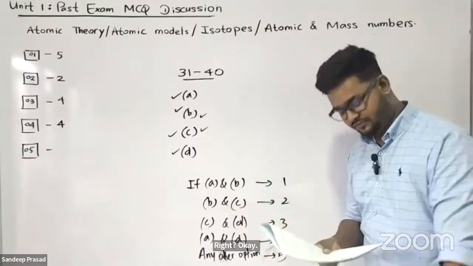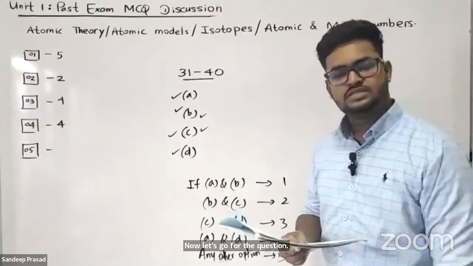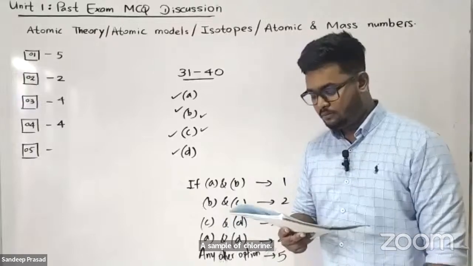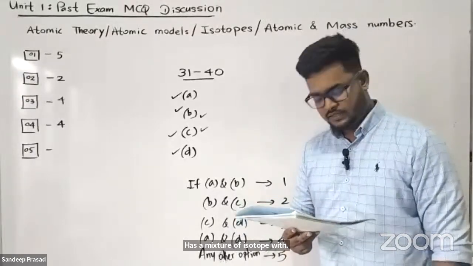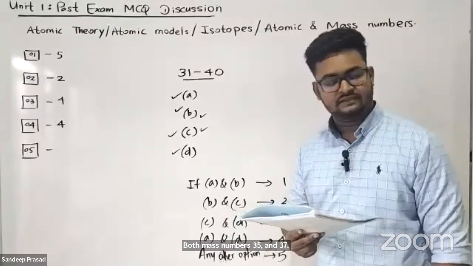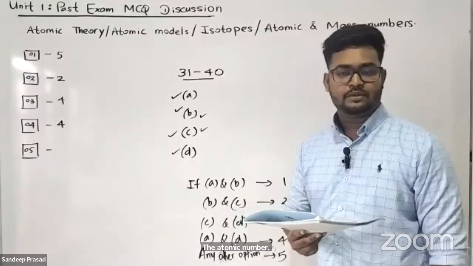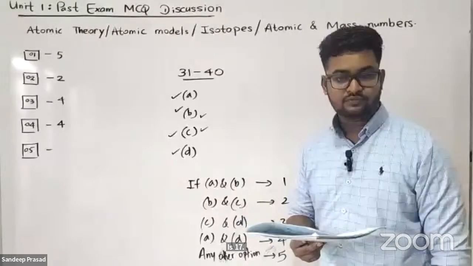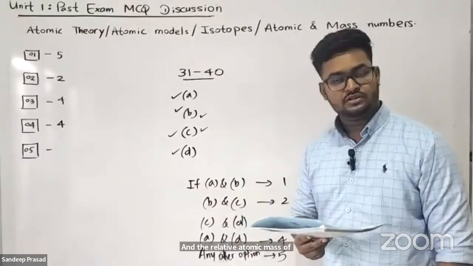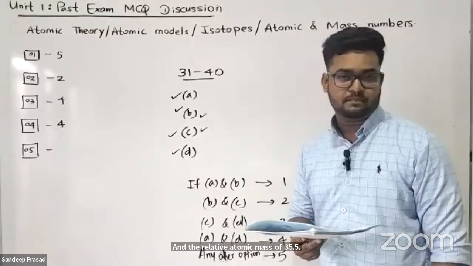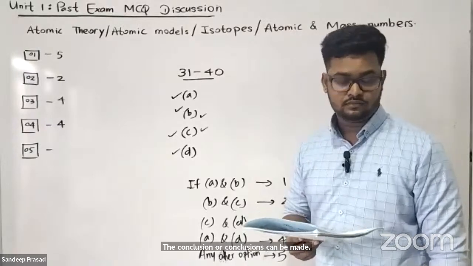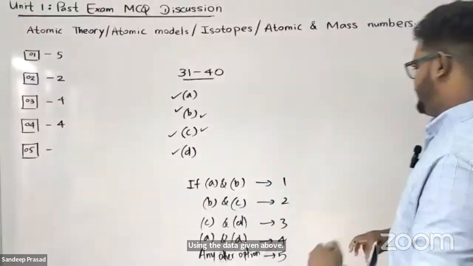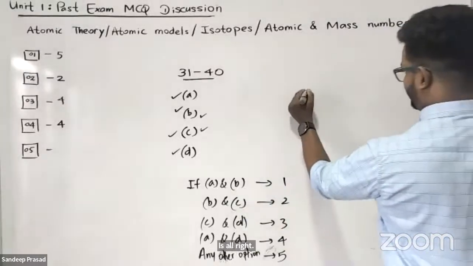A sample of chlorine has a mixture of isotopes with mass numbers 35 and 37. The atomic number is 17 and the relative atomic mass of chlorine is 35.5. The conclusion or conclusions that can be made using the data given above are? We have discussed isotopes.